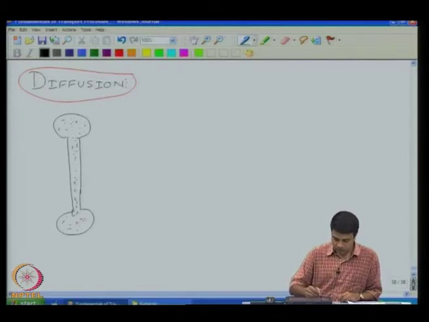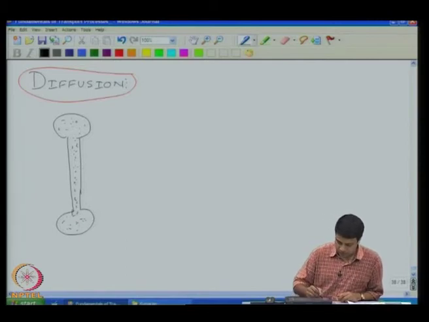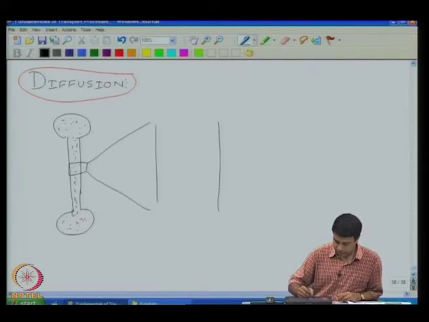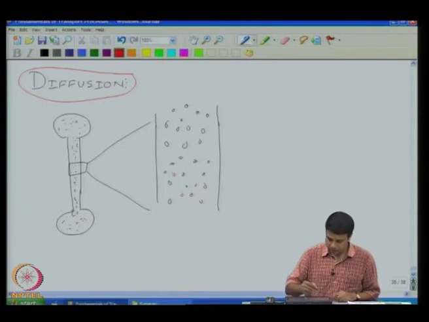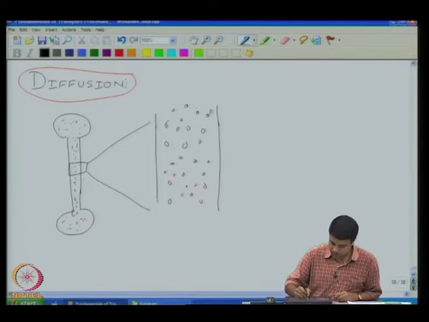These molecules are going to be in fluctuating motion. If I look at some local location over here and I expand it out, I have these black molecules here and I have black molecules below as well, with a few red molecules thrown in. And all of these molecules have fluctuating velocities.